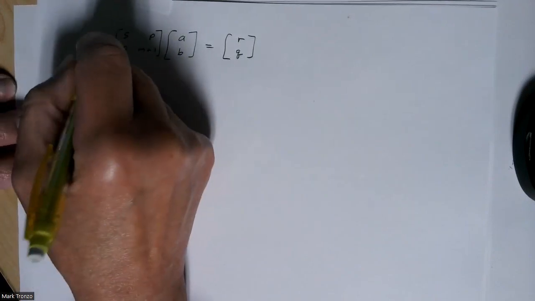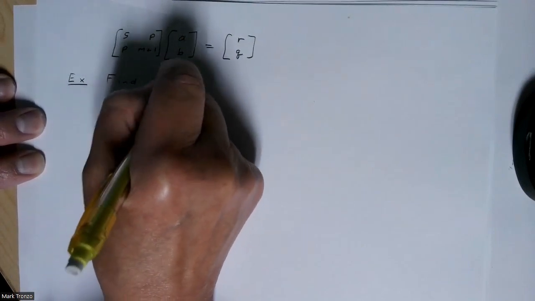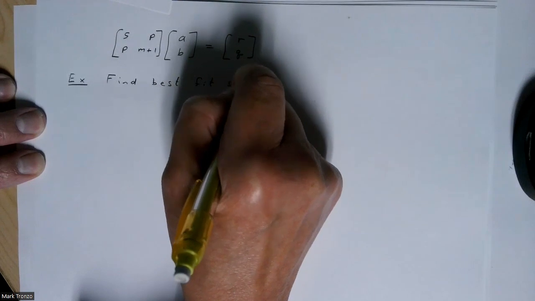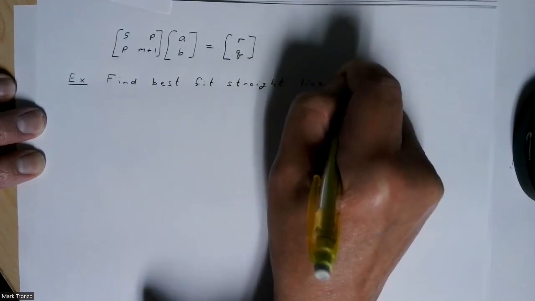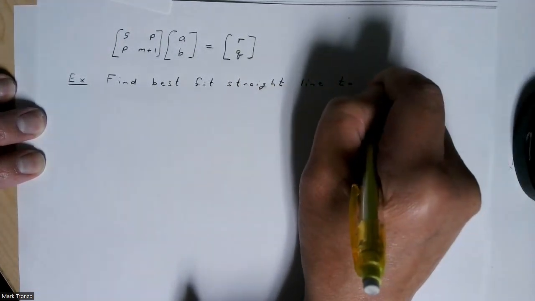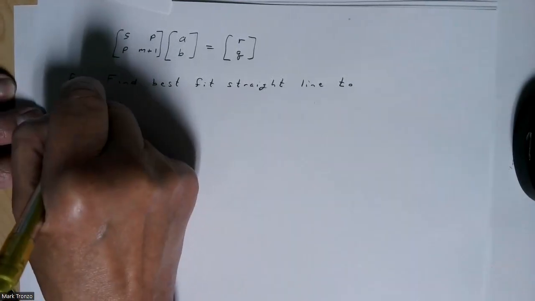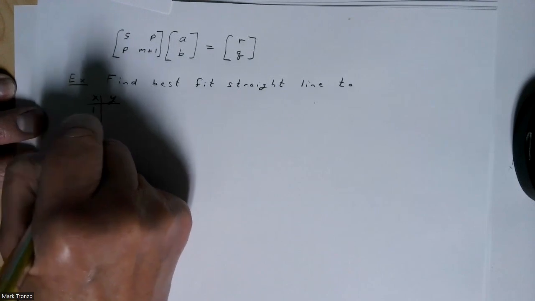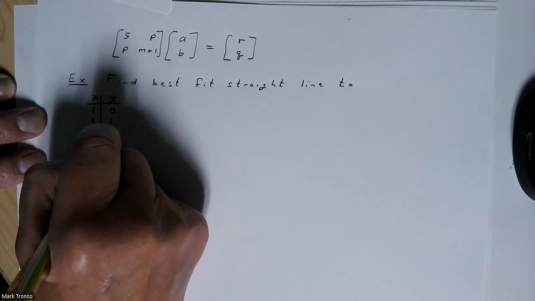Let's find the best fit line, and let's say we have this data, X, Y. Our X values are 1, 2, 3, 4. Our Y values are 0, 1, 1, 2.